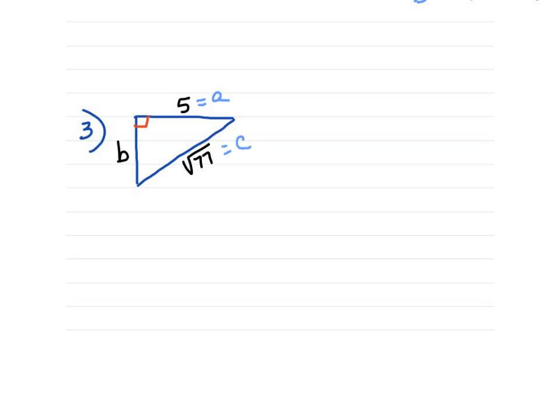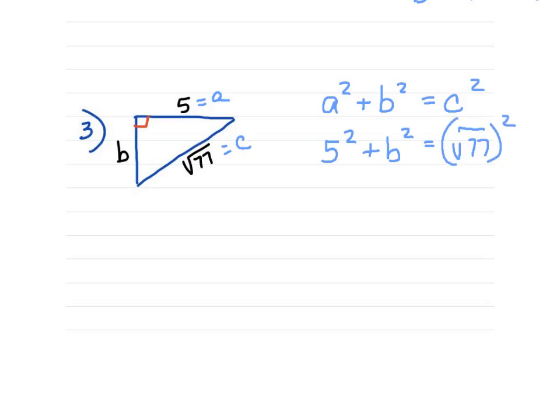So first step again is write down the Pythagorean theorem. A squared plus B squared is equal to C squared. Let's plug in our values. That's 5 squared plus B squared is equal to radical 77 squared. So let's simplify. 25 plus B squared is equal to 77.